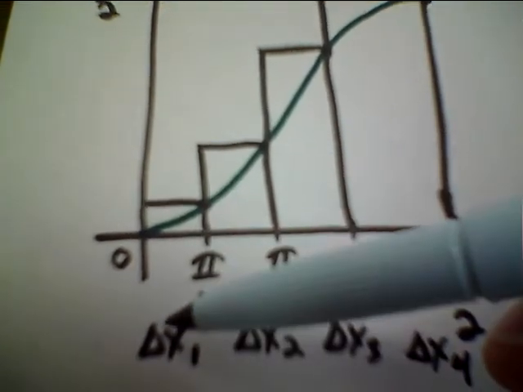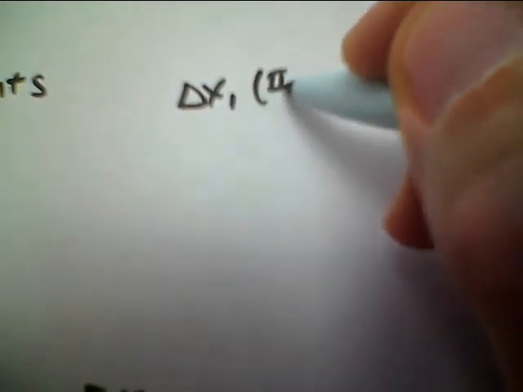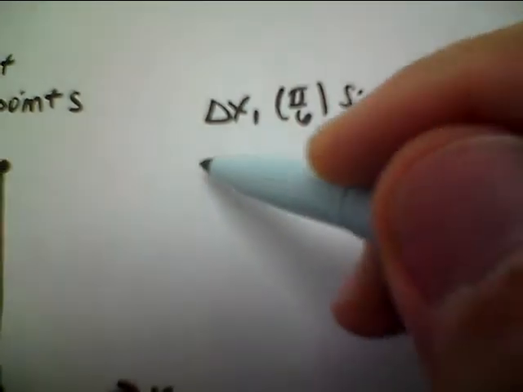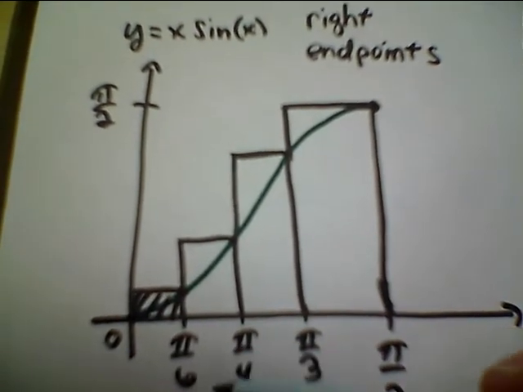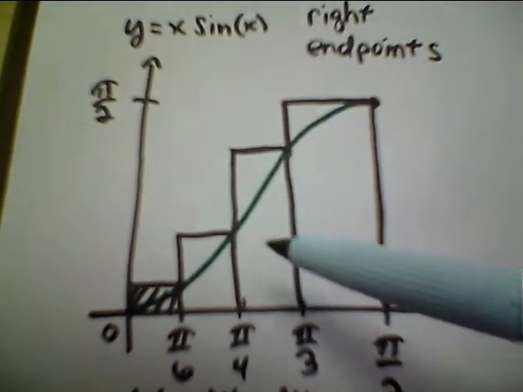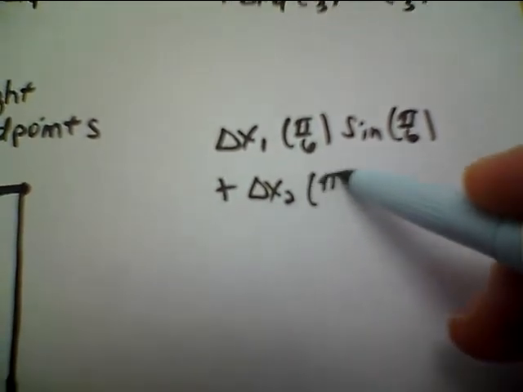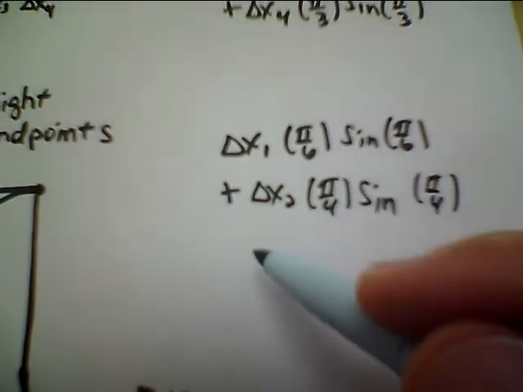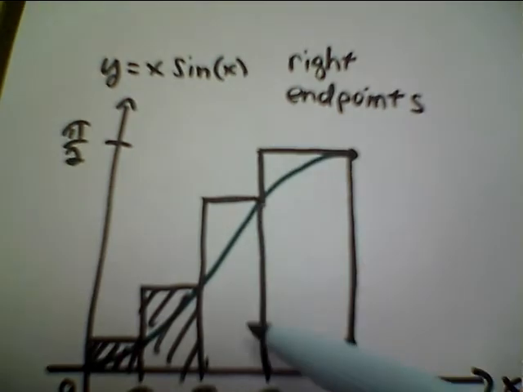So in the first case, it'll be delta x1 times the function evaluated at pi over 6. Plus, we have the area of this rectangle, delta x2 times the function evaluated at pi over 4. Plus, now we need the area of this rectangle.